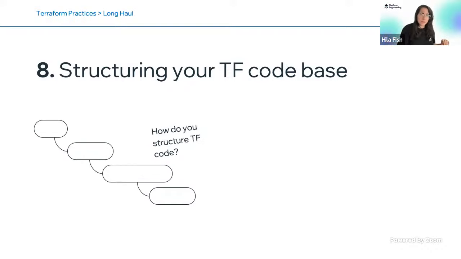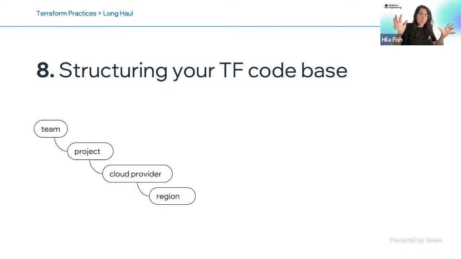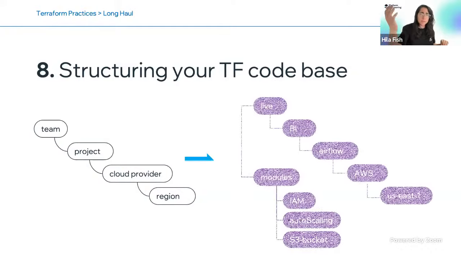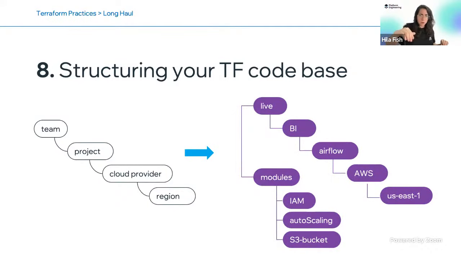So this is a structure that really suits our needs, especially for scaling. It starts with team, and then project, cloud provider, and region. One implementation for that is: we have live and modules, and then BI for team, Airflow for project, AWS for cloud provider, and then us-east-1 for region.